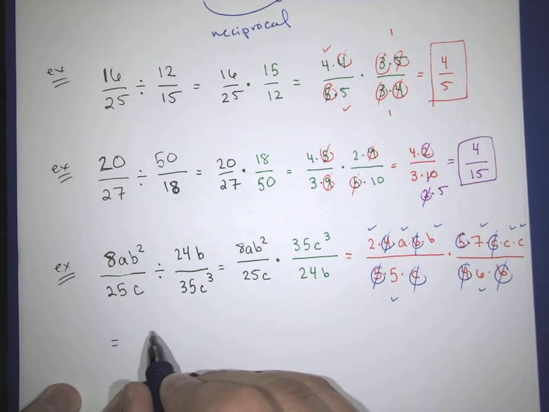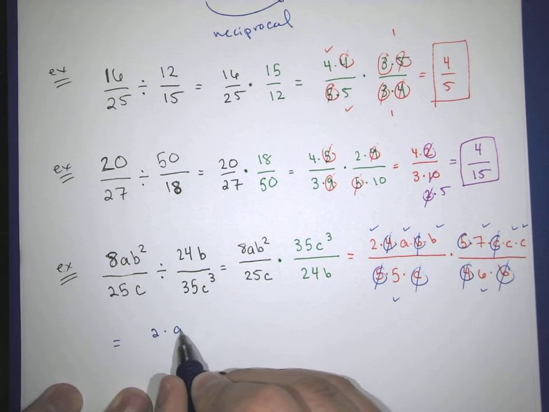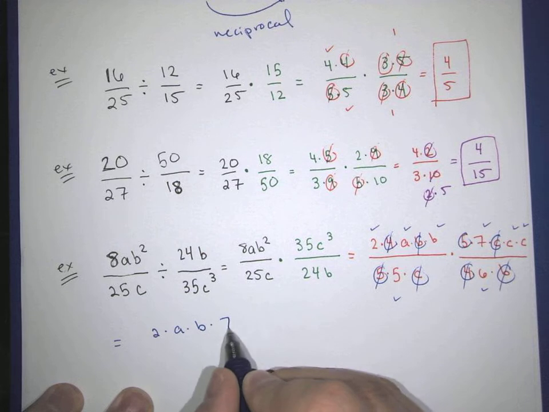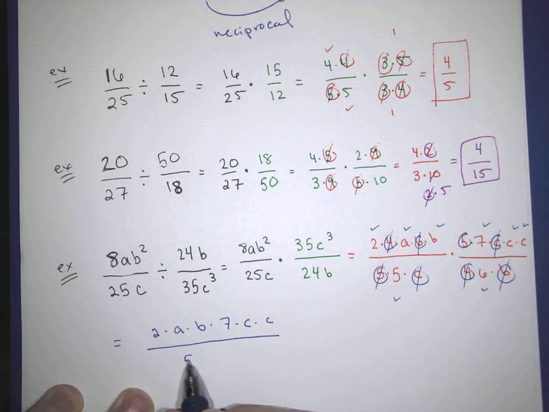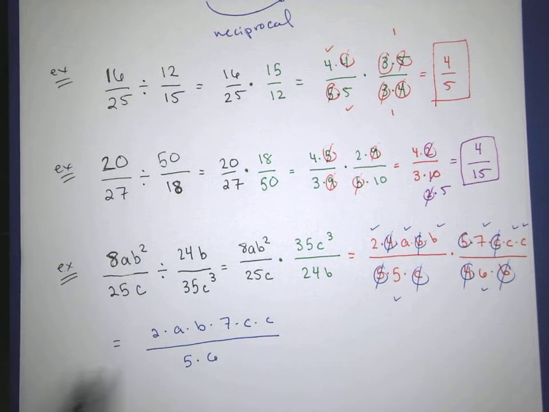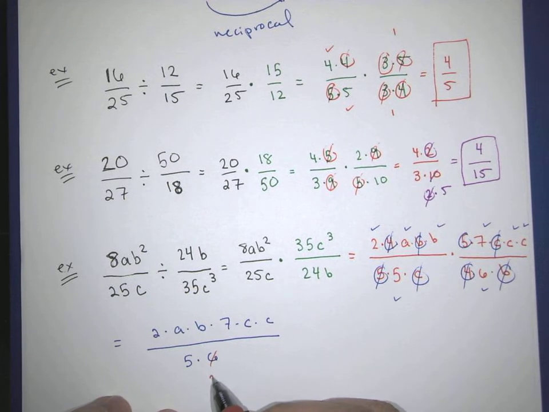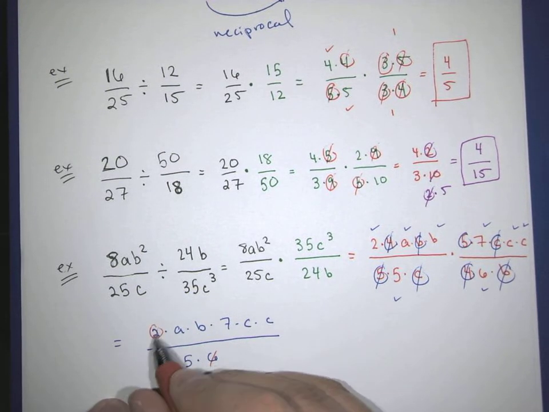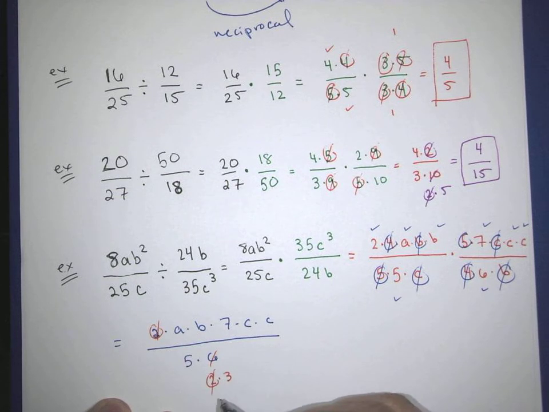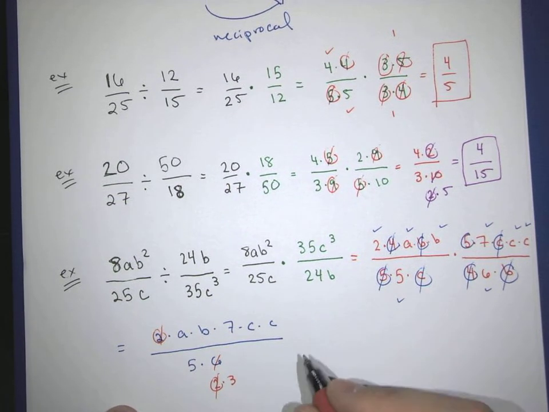So this becomes 2 times A times B times 7 times C times C, that's a decent chunk of stuff, over 5 times 6. The only thing that would cancel and break apart anymore, 6 would be 2 times 3. That gets us just one last thing here, right? I can cancel a 2 for a 2. Everything else here is just going to stay.